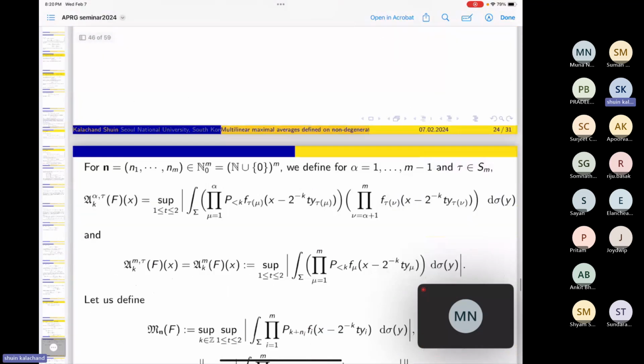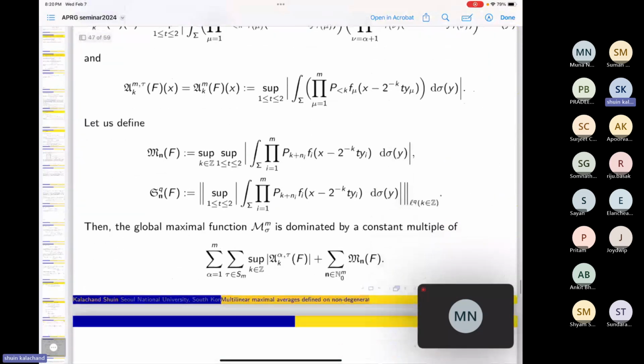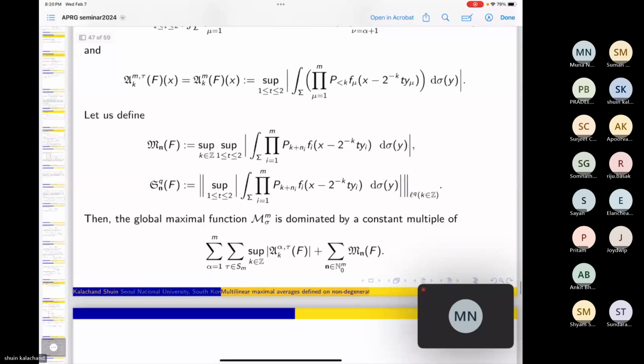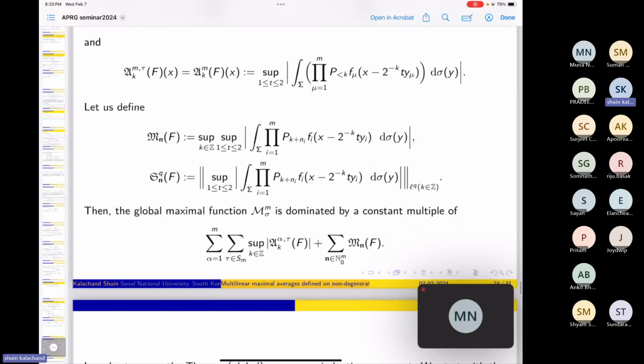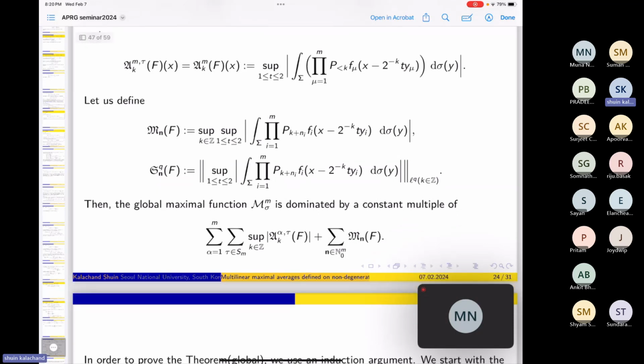Okay, now we need to consider a new operator M_n, which is given by the supremum over k, all the integers, and then the supremum over t from 1 to 2, and this. And a new operator G_n^q, where we have replaced the sup norm by the small l^q norm here.